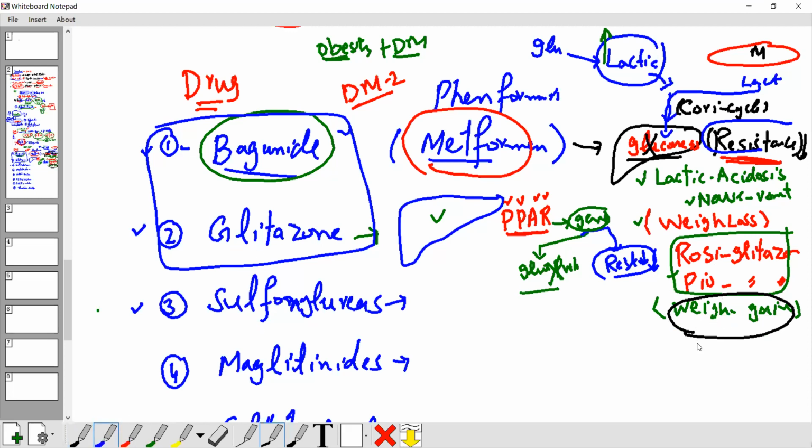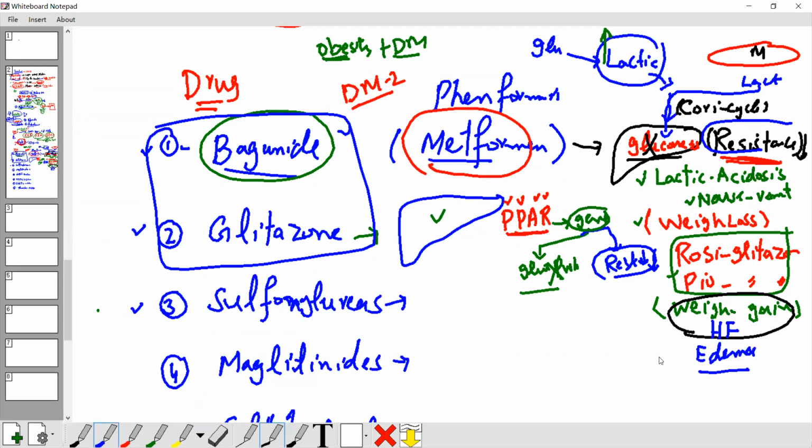Another side effect is heart failure, and another is edema. Heart failure is very important here. If a diabetic patient already has heart failure, I'm not going to use glitazone. Glitazone can cause heart failure. Weight gain, heart failure, and edema.